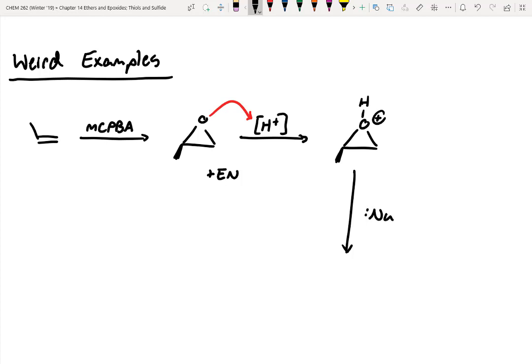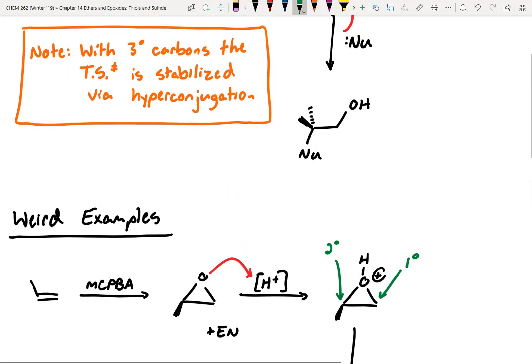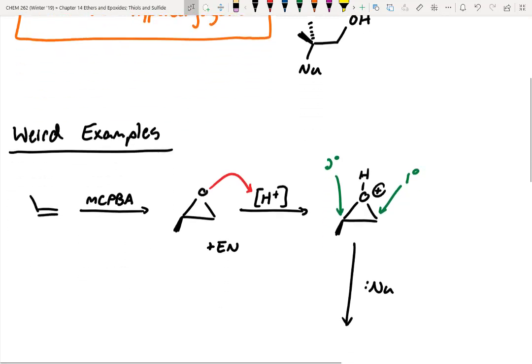If we look at the carbons in this example, over here, we've got a primary, secondary, or tertiary carbon? Secondary. Then over here, we've got a primary carbon. Up above, in the example that we just saw, I was very clear where I said with tertiary carbons, the transition state is stabilized via hyperconjugation.